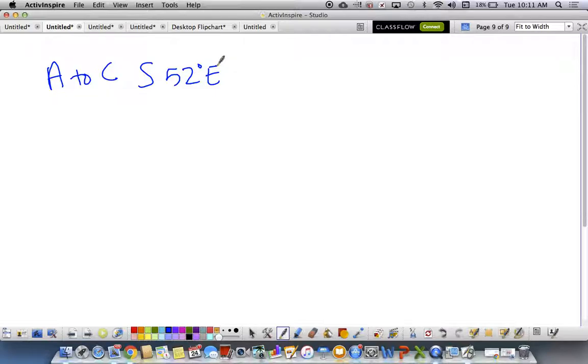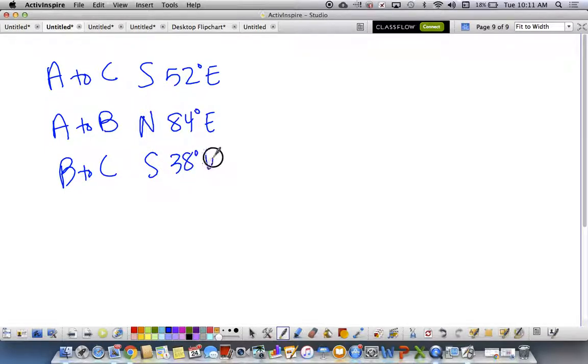The bearing from A to B is north, 84 degrees east. The bearing from B to C is south, 38 degrees west.